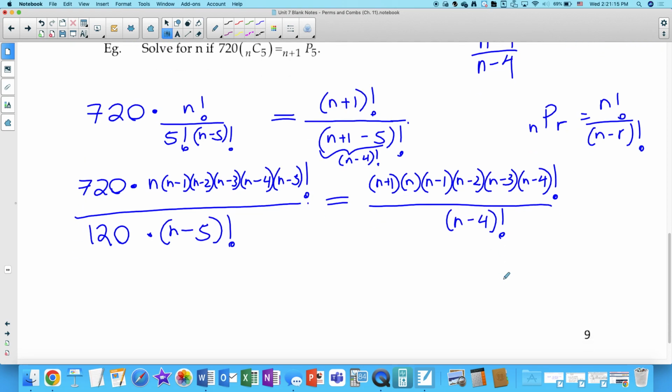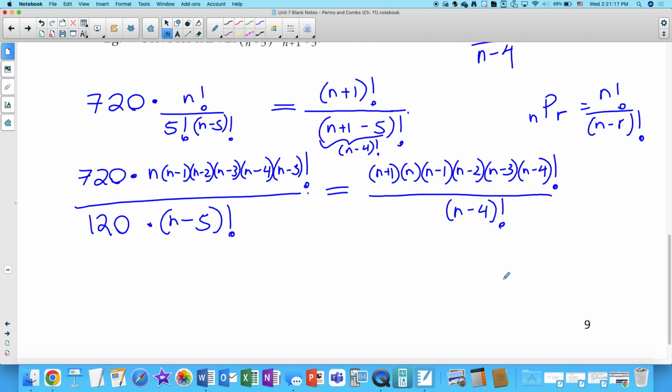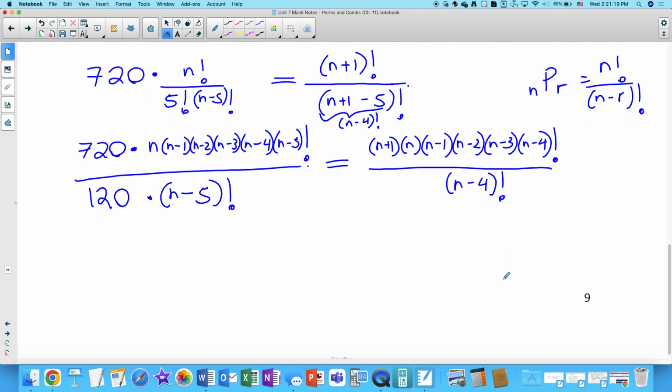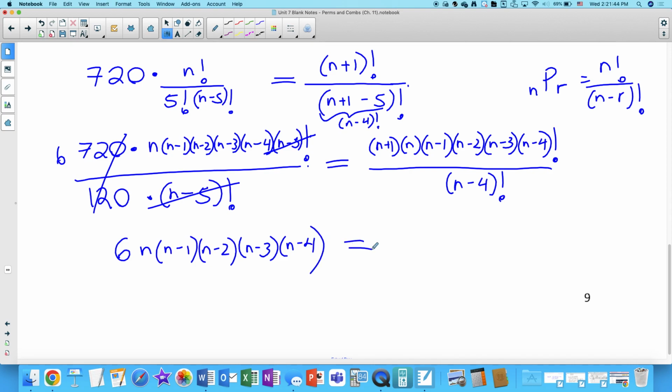So now what I can do is cancel a bunch of stuff, right? So on the left side, well, 720 over 120 is 6. And this part cancels. So what I end up with is 6 times n minus 1 times n minus 2 times n minus 3 times n minus 4 equals, on the right side, all of this cancels.